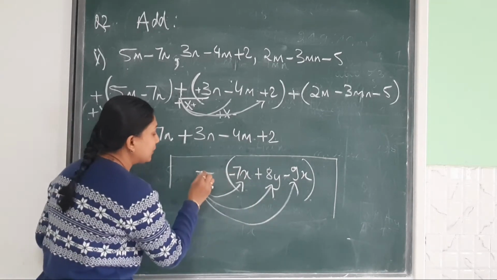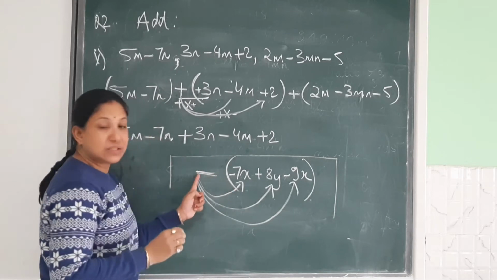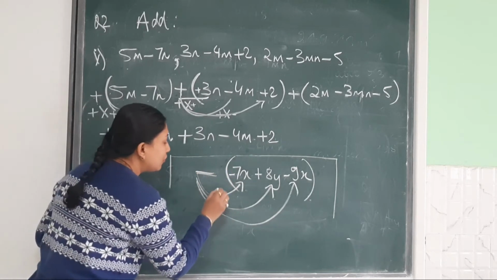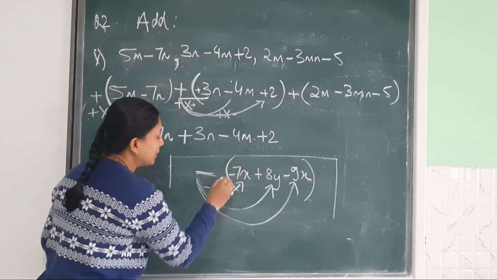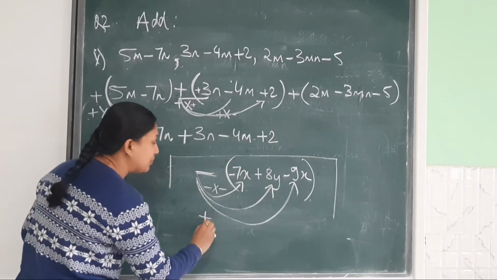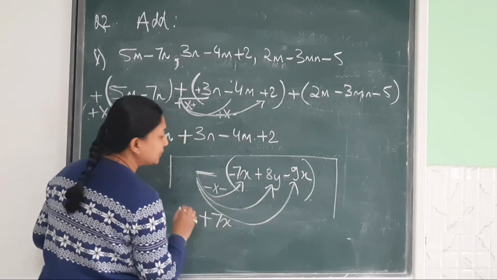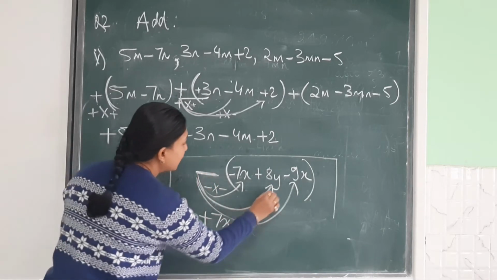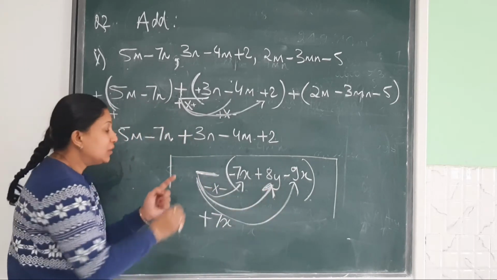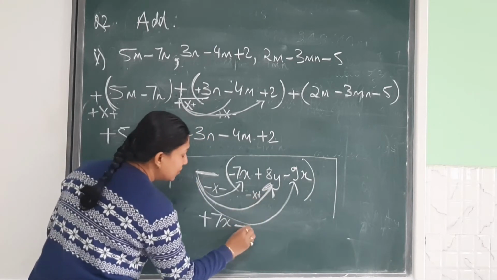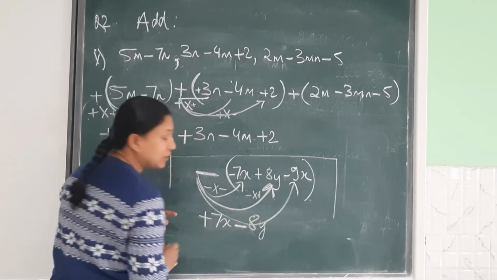So what will this become? This is minus. This minus sign is now going and meeting the first term. So minus multiplied by minus, minus into minus, same sign, put a plus sign and copy the term. Again this minus will now go and meet the next term. So minus into plus, difference in sign, put a minus sign, copy the term.